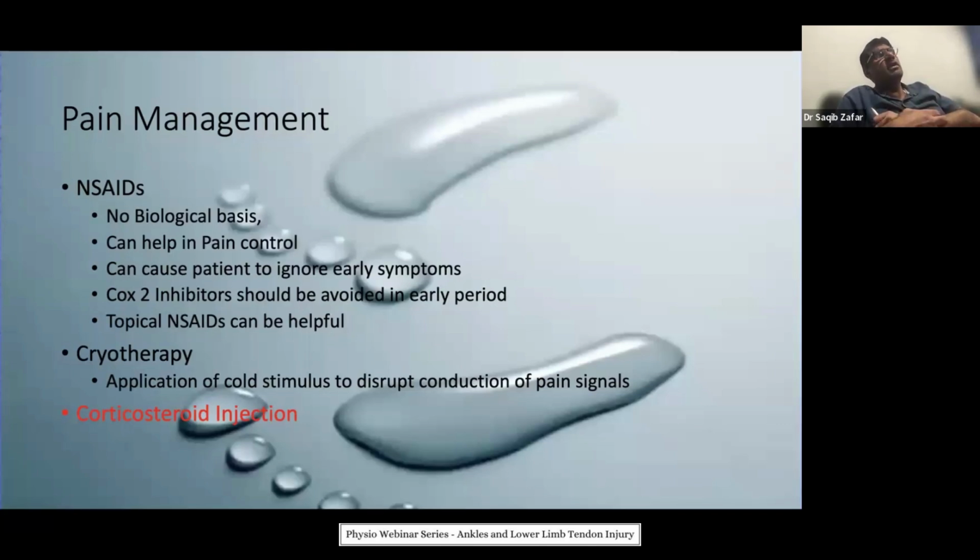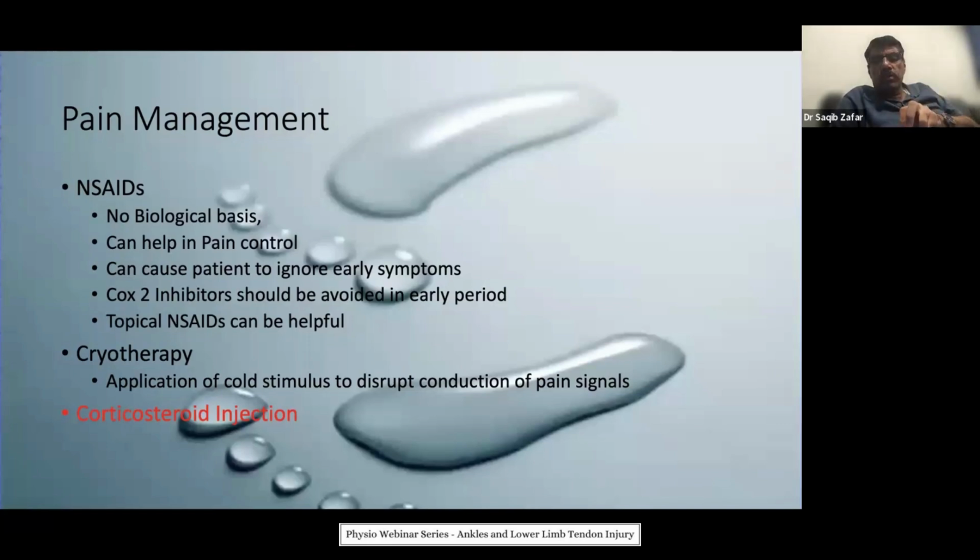COX-2 inhibitors in general should be avoided because there's some negative impact on tendon healing, such as on tenocytes and collagen formation. And I've also noticed that topical NSAIDs such as Voltaren gel are usually very helpful. Cryotherapy, for me, what I mean is applying ice packs or frozen peas packs to the affected area.